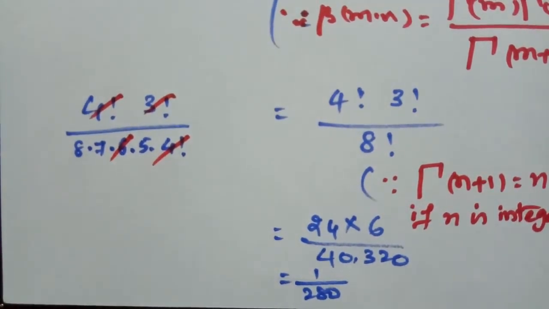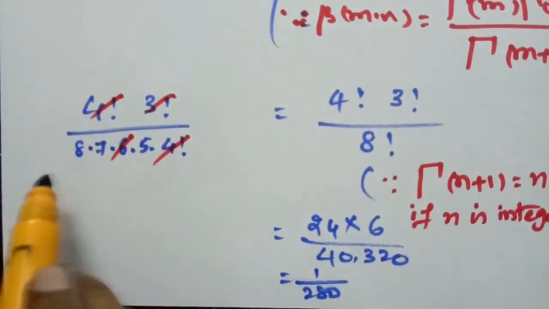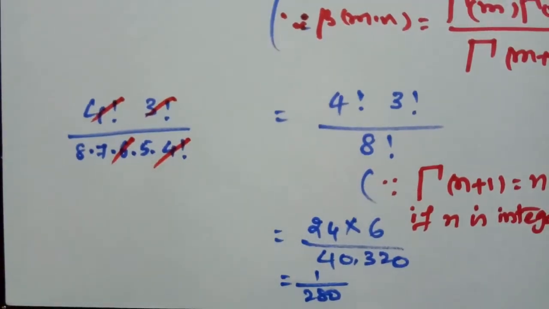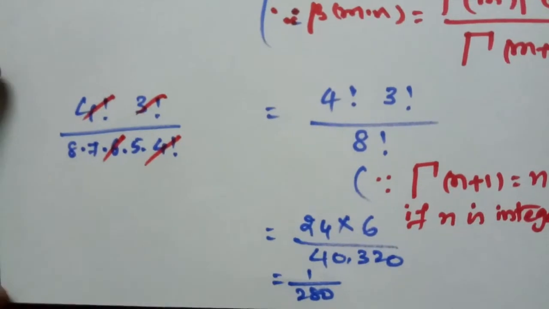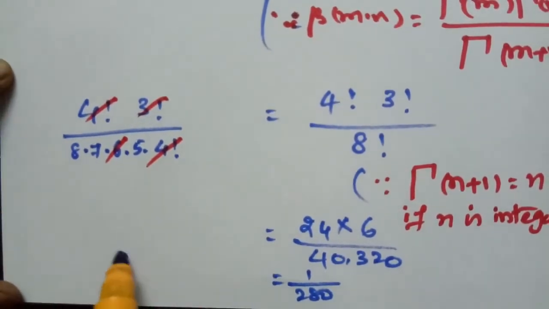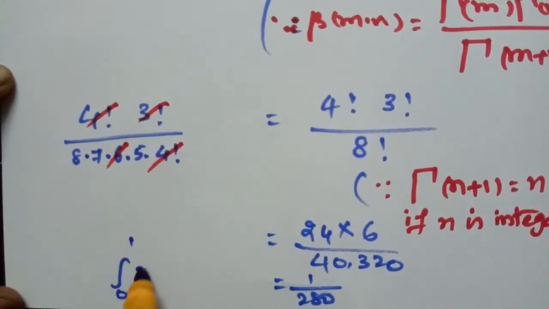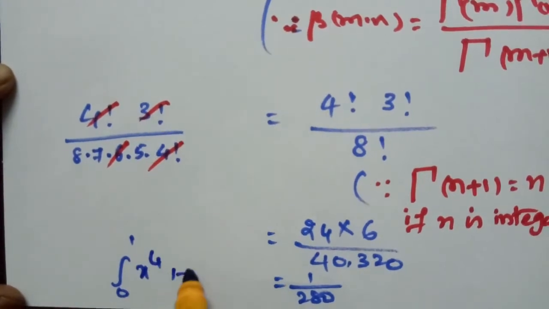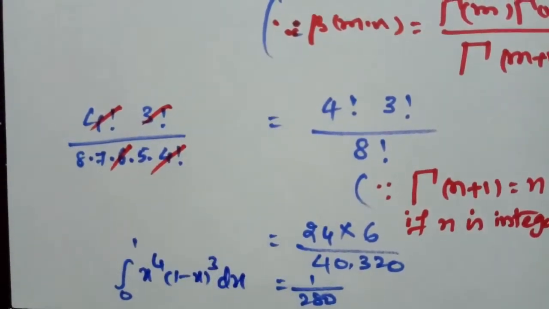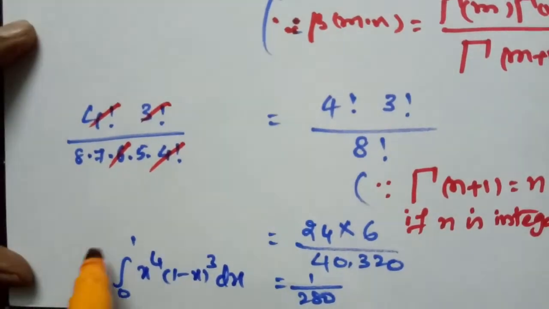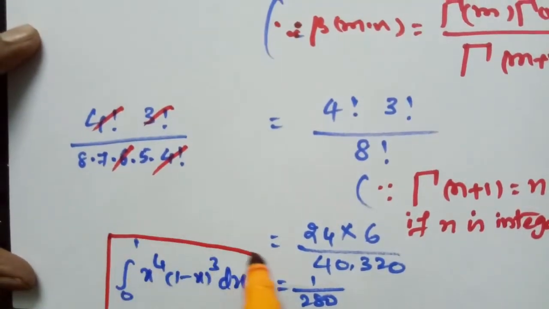That is equal to 1 by 8 into 7 into 5, that is equal to 1 by 280. Therefore the integral 0 to 1 x to the power of 4 (1 minus x) whole cube dx is 1 by 280. This is our required integration.